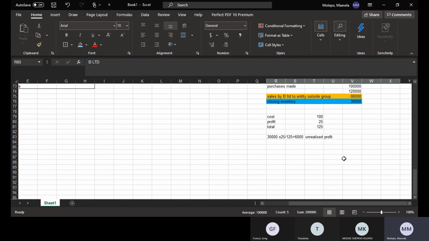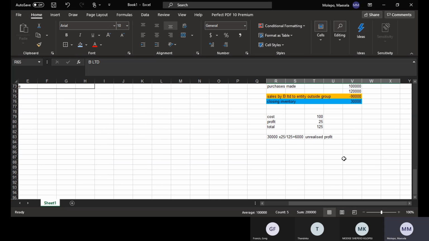As mentioned in point 3 of the additional information, when the sales took place, A Limited credited the sales as it sold these goods, and B Limited debited inventory with the purchases. We assume B Limited sold the inventory and hence had already affected the cost of sales. To eliminate the intra-group sales, we debit the sales of A Limited with 100,000, hence subtracting the amount from the sales. We will credit the cost of sales of B Limited, hence decreasing cost of sales.